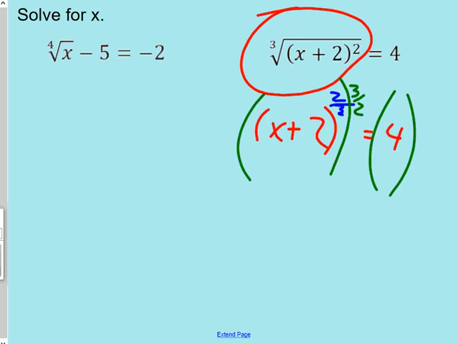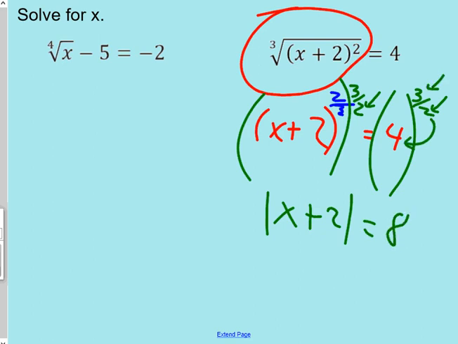Is this one of those kind? Yes, it's got a root that's even on the bottom. So this is the absolute value of x plus 2. And then the square root of 4 is 2, 2 to the third, 8. And then I bet you can solve it from there. X plus 2 is 8, and x plus 2 is negative 8.